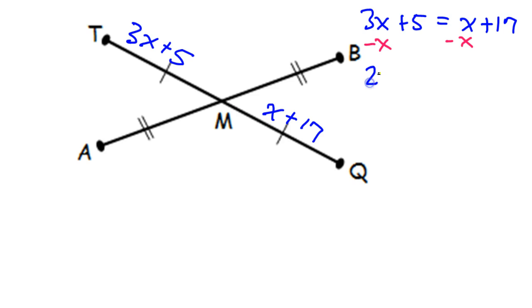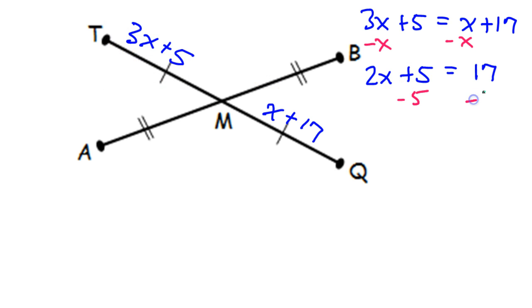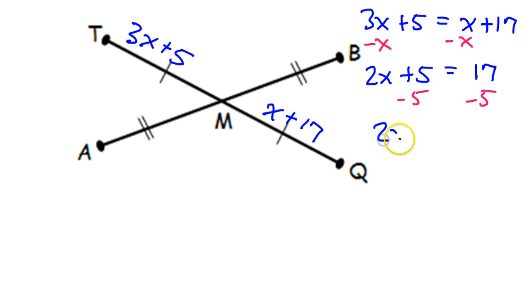That's going to give us 2x plus 5 is equal to 17. Then we shall subtract 5 from both sides, and that's going to give us 2x is equal to 12. And then we shall divide by 2 on both sides, and that is going to give us x is equal to 6.